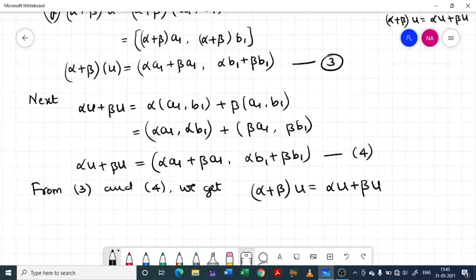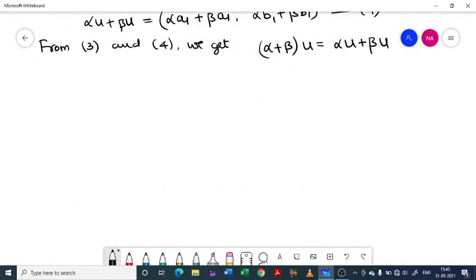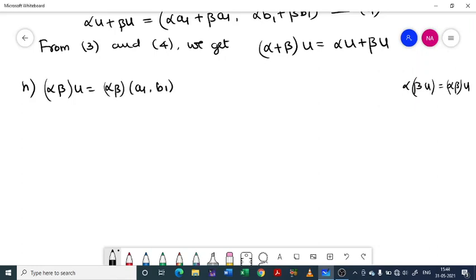So next there is one more, H. We have to prove that alpha of beta U equal to alpha beta of U. Alpha beta of U I will consider. Alpha beta of U equal to alpha beta of A1 comma B1, which is equal to alpha beta A1 comma alpha beta B1.